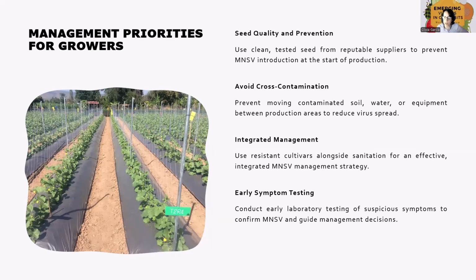Strong sanitation is important because mechanical spread and contaminated production materials can contribute to the disease movement. Management efforts may also include practices aimed at reducing the vector and lowering the risk of pathogen carryover in infested production systems.